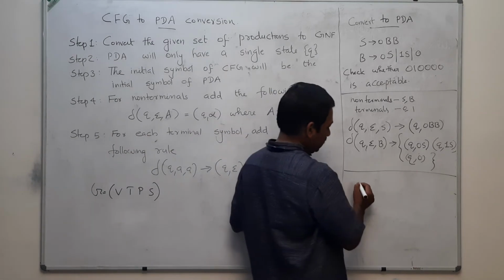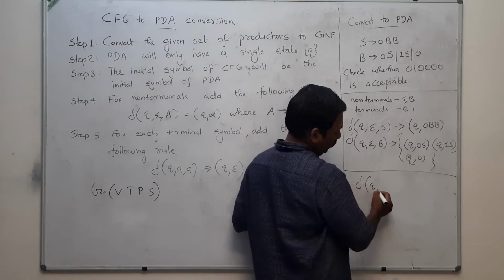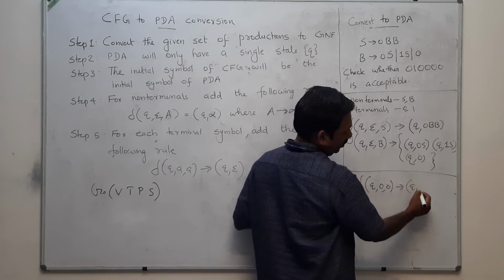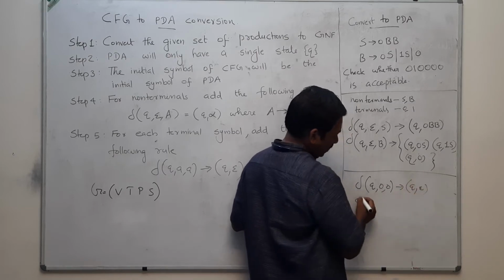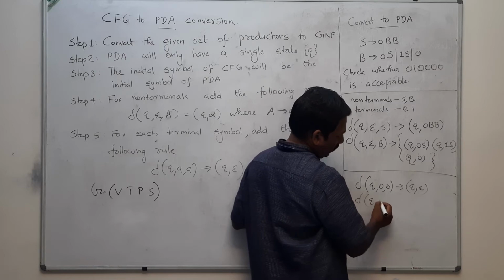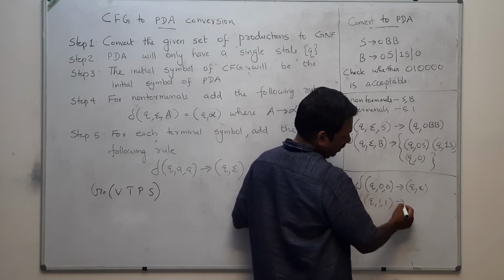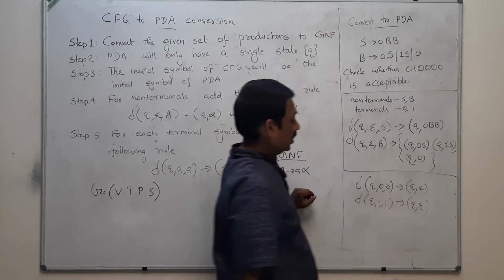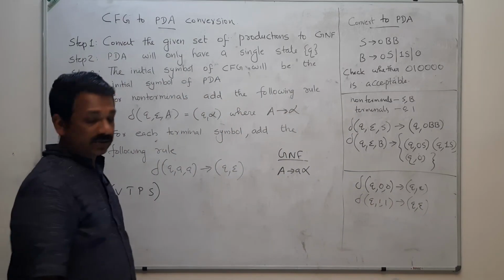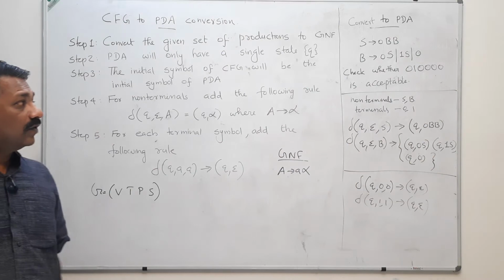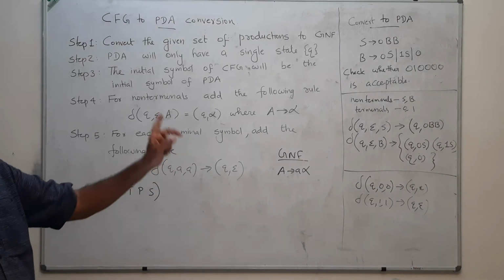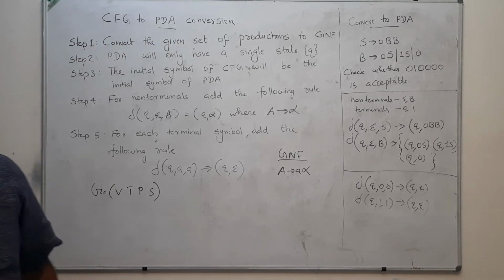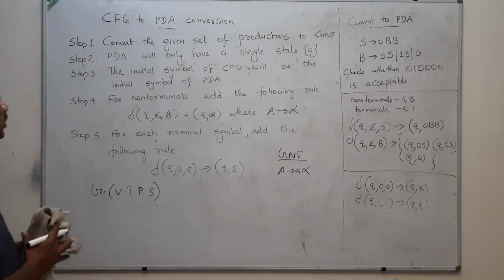So delta of Q 0 0 derives Q epsilon, and delta of Q 1 1 derives Q epsilon. Okay, so those are the rules, and now we are going to verify whether 010000 is acceptable. For that, I am going to run this portion.